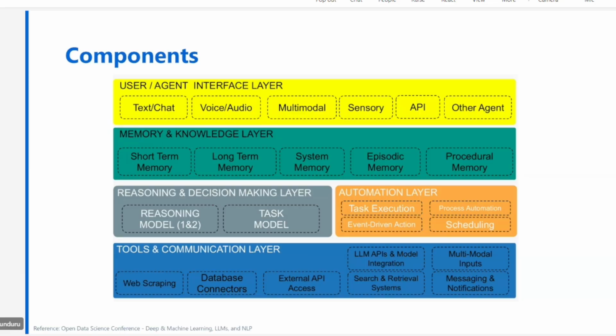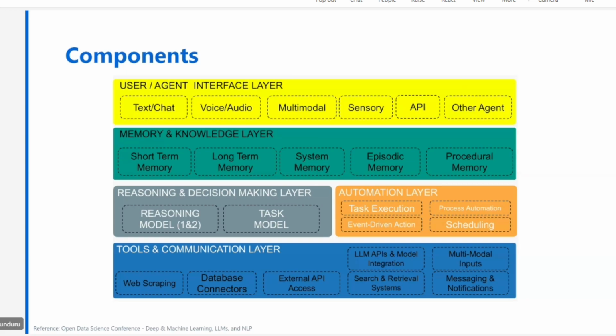Because of the memory, short term, long term, system, it would look like you are talking to a psychiatrist. All these things will be implemented in terms of data stores, databases, or in-memory stores.